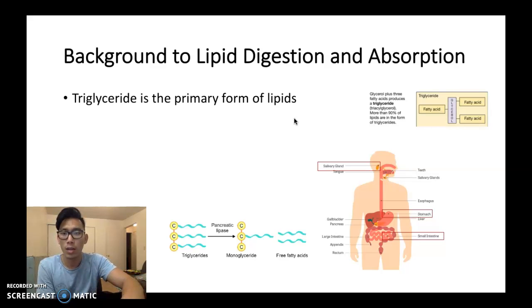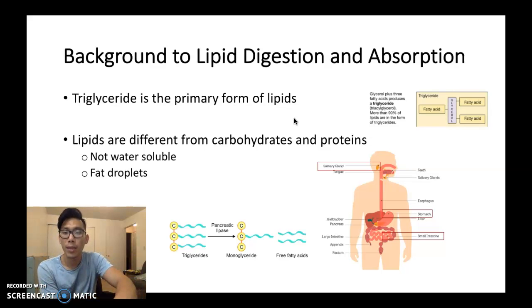So, in a typical human diet, 90% of the fats that we ingest, triglycerides are its primary form. Lipids are different from carbohydrates and protein in that they are not water soluble.